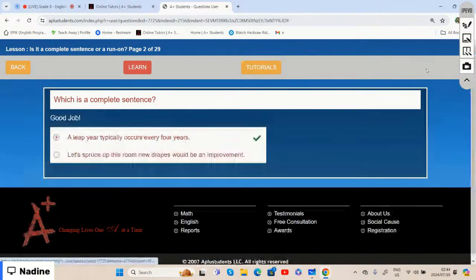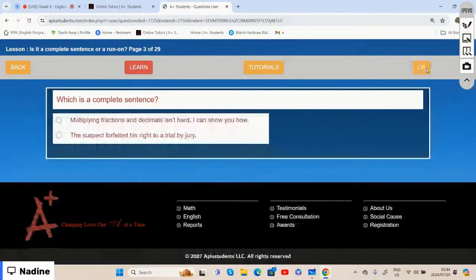All right, the next one says, which is a complete sentence? Does it say, multiplying fractions and decimals isn't hard. I can show you how. Or, the suspect forfeited his right to a trial by jury.